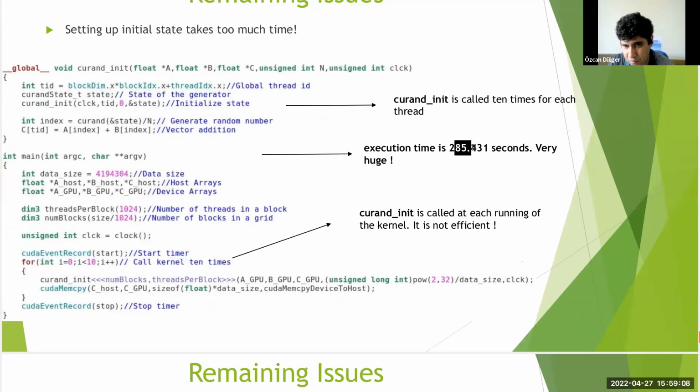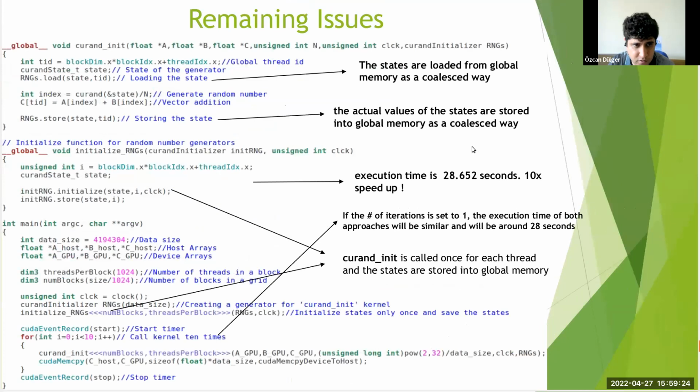If we increase the number of iterations 100 times, this volume increases 100 times. That means it is around 28,000 seconds. So be careful with this issue. Okay, did I miss anything?